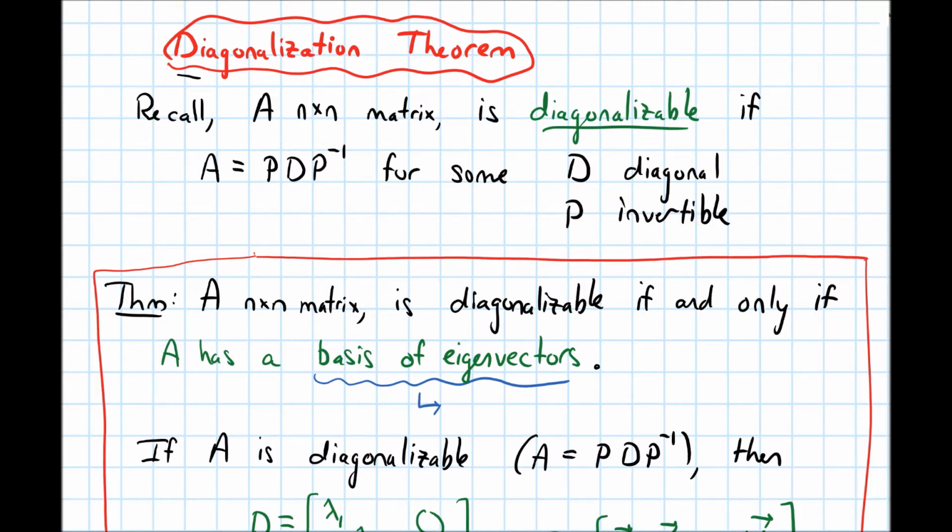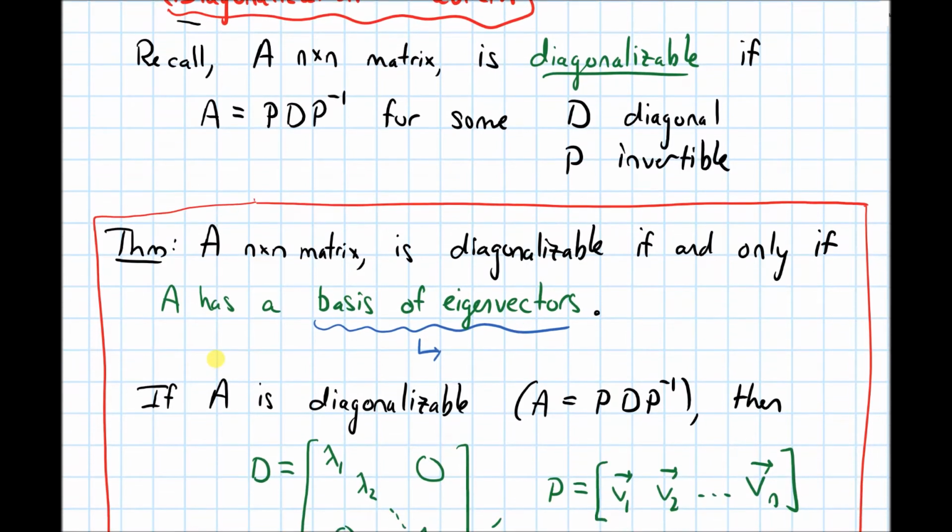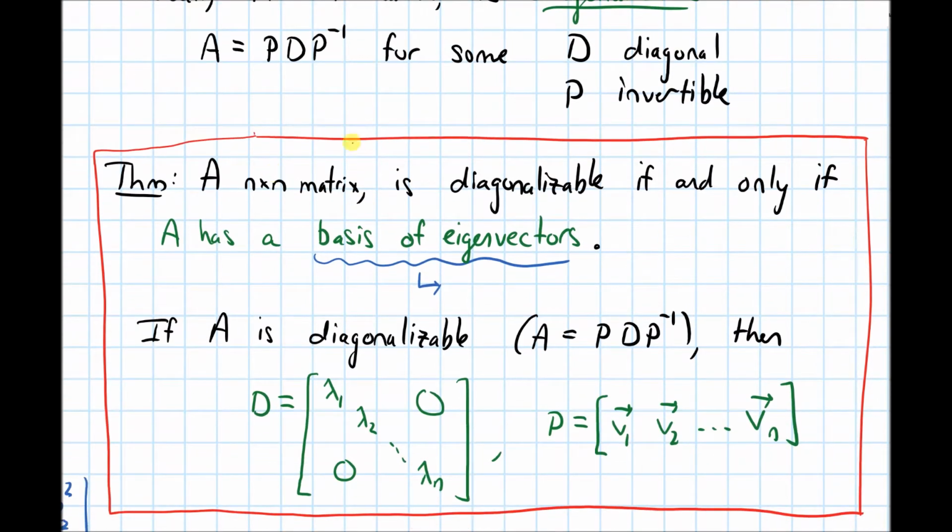Okay, so the diagonalization theorem is a theorem that'll tell us a condition that'll guarantee that our matrix is diagonalizable. So here's the statement. An n by n matrix A is diagonalizable if and only if A has a basis of eigenvectors.